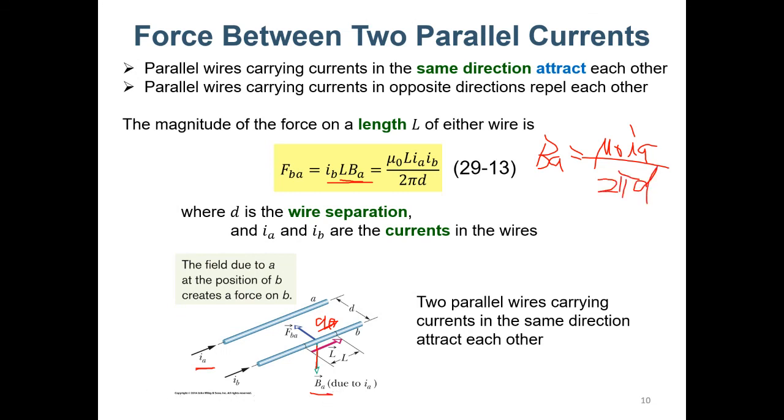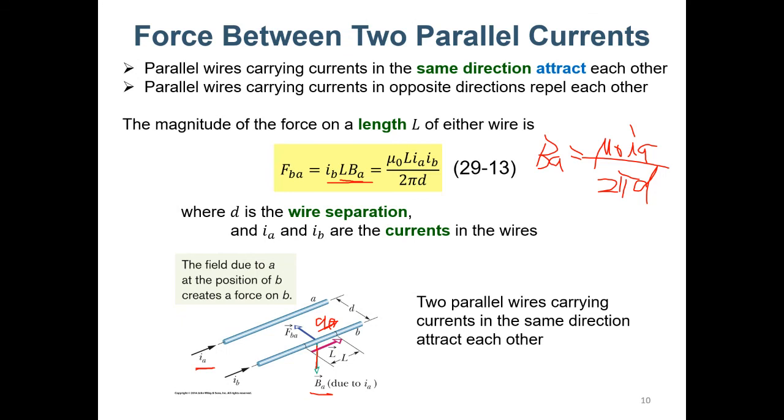D is the distance between them, and because they are parallel, the distance is uniform for every part. So BA is like this, and you substitute BA into here. So we have mu 0 L IA IB over 2 pi d.